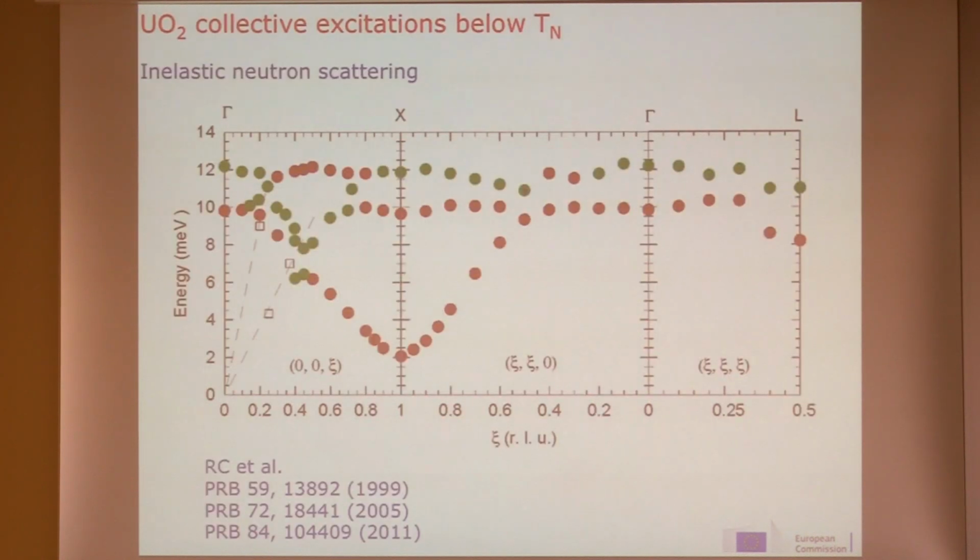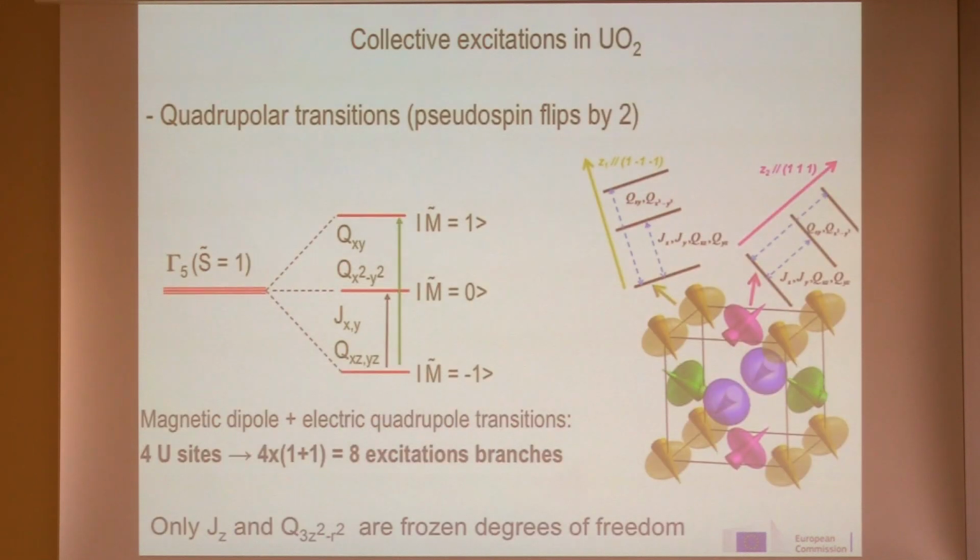But the experiments are more complicated. So these are the dispersions of the magnetic modes. Here, green means high intensity, and brown also high intensity, so qualitatively. But it's much more complicated, and there is this branch. Of course, we are forgetting an important ingredient.